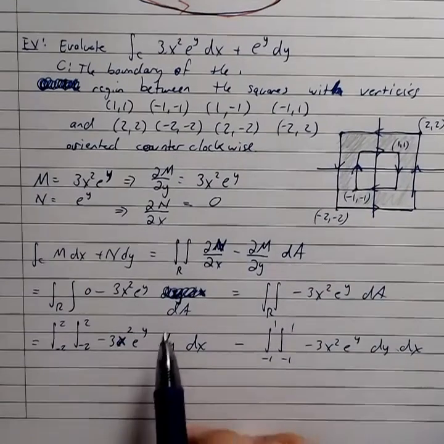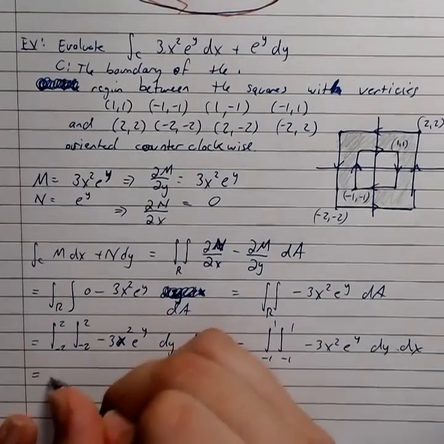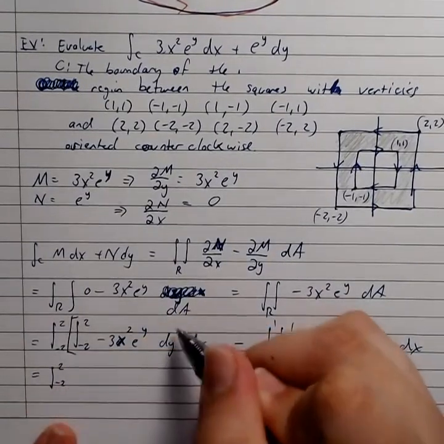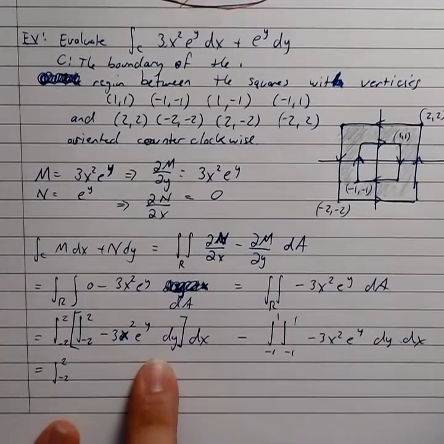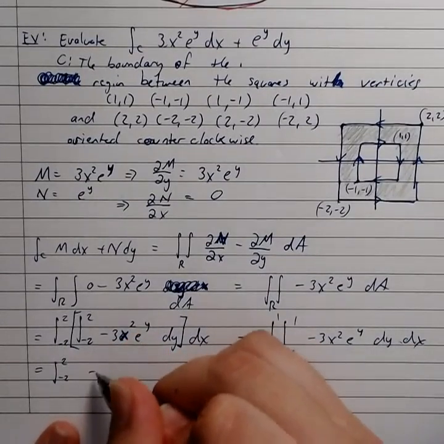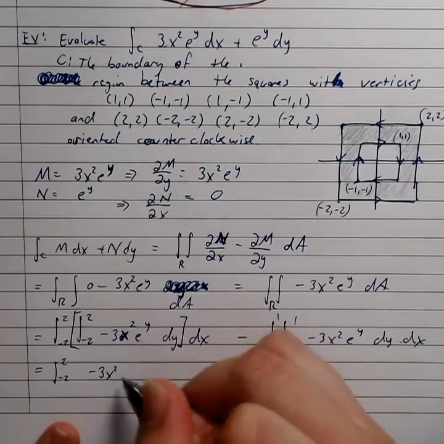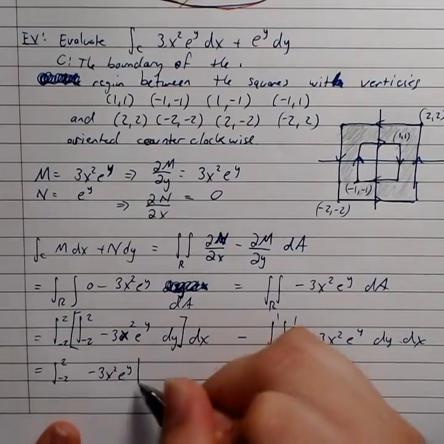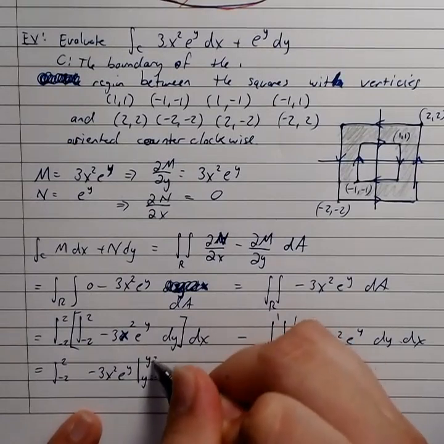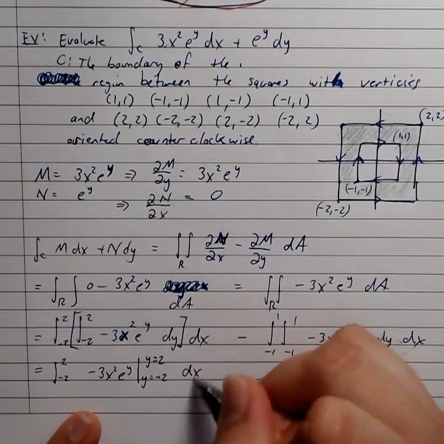All right, so let's go ahead and see if we can do that. That's going to be the integral from negative 2 to 2 of, looking at just this part, that's nice because the integral with respect to y of negative 3x squared e to the y remains exactly the same. Negative 3x squared e to the y evaluated from y equals minus 2 up to y equals positive 2, dx.